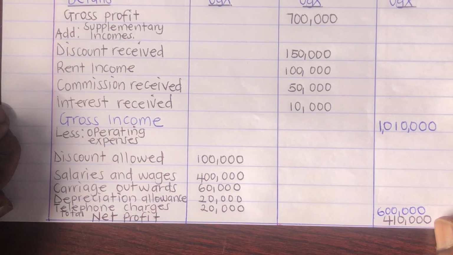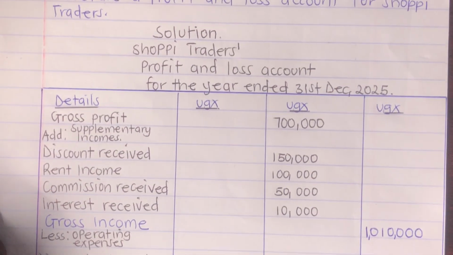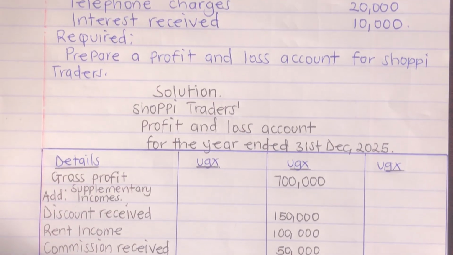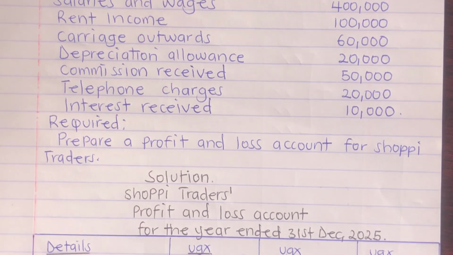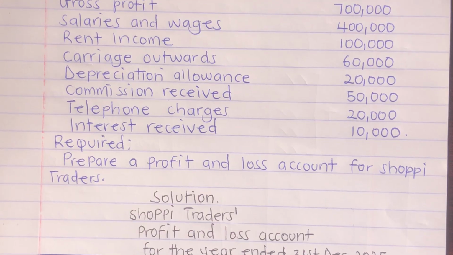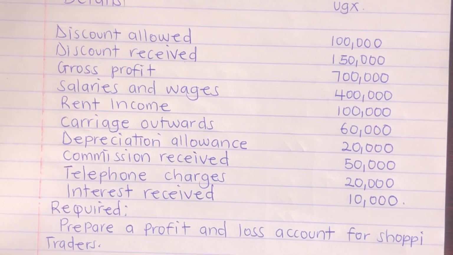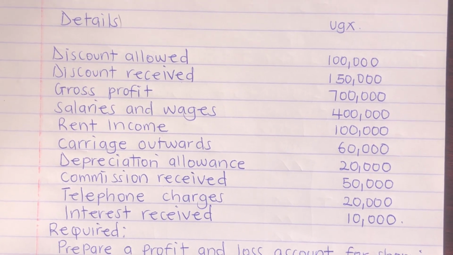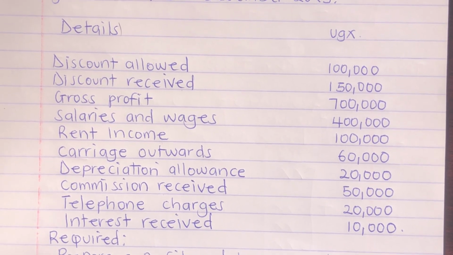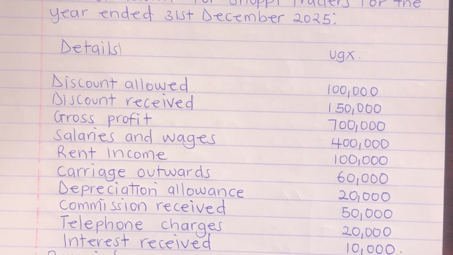Then we also had depreciation allowance. Now the meaning of depreciation: depreciation means the loss of value of an asset. You bought your iPhone Pro Max at 4 million and you use it for 2 months. Trust me, you won't sell that phone at that same price, meaning it is going to depreciate.